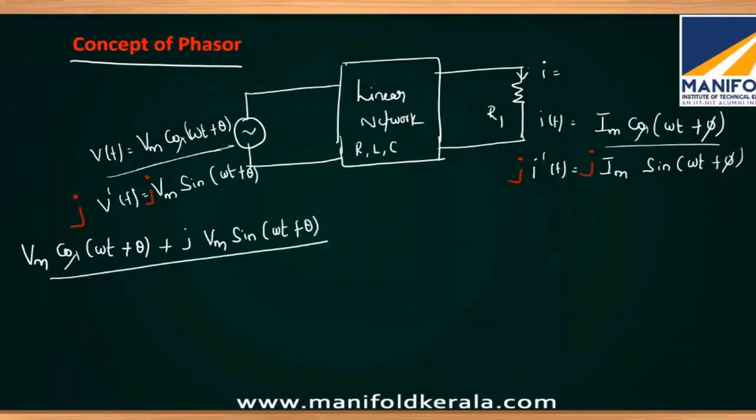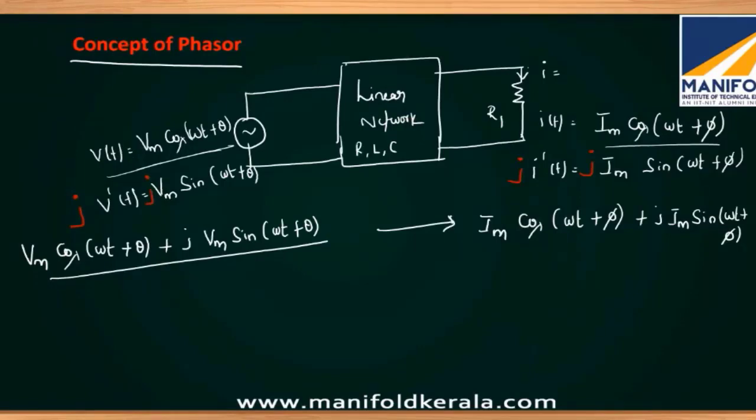Then my response would be Im cos(omega t plus phi) plus j times Im sin(omega t plus phi). So this is the excitation, and this is the response.